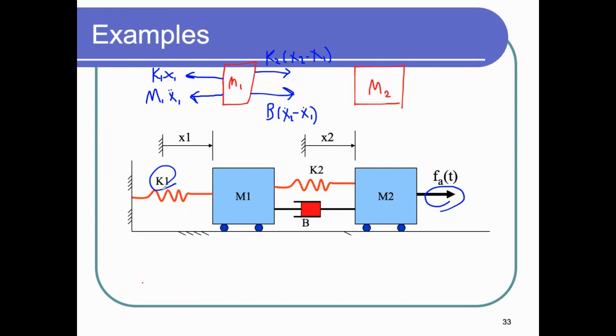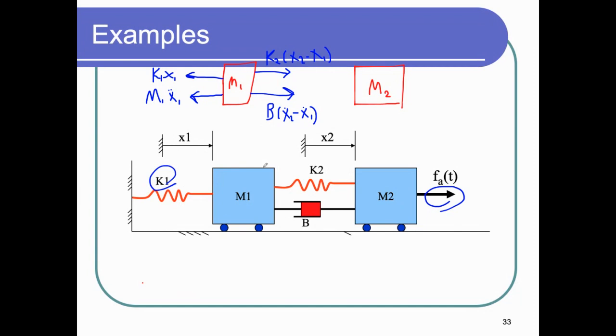For K1, it is only connected to the first mass, so the only displacement that affects it is just x1. For K2, it's different because you have two displacements being affected.